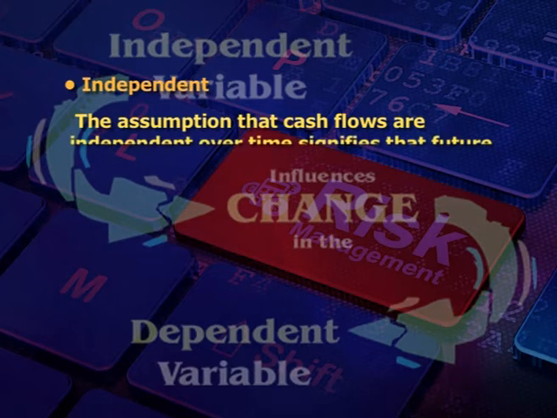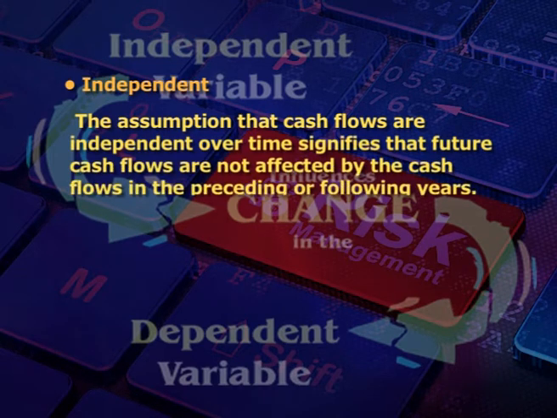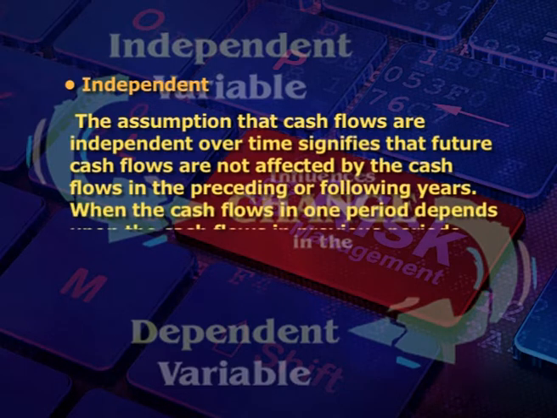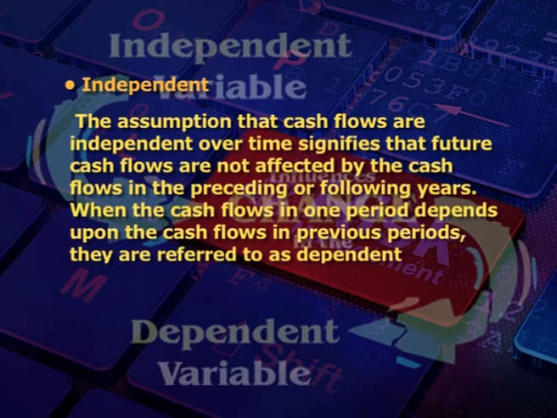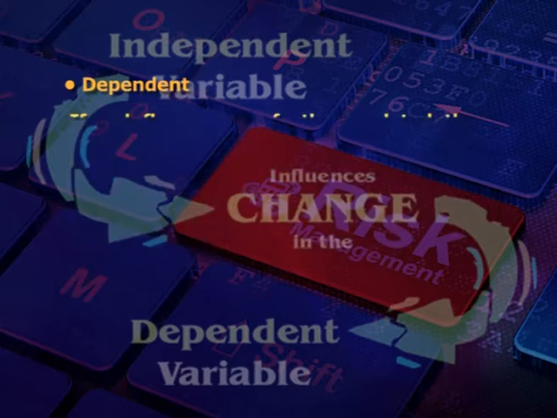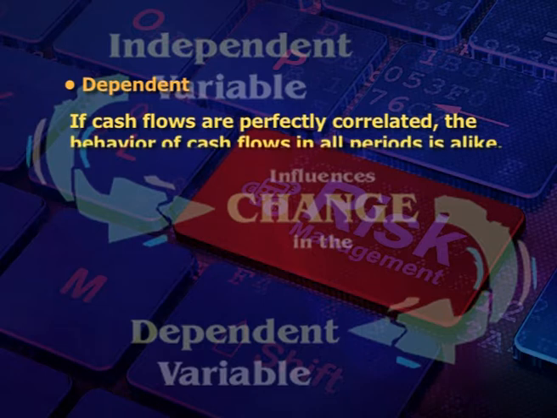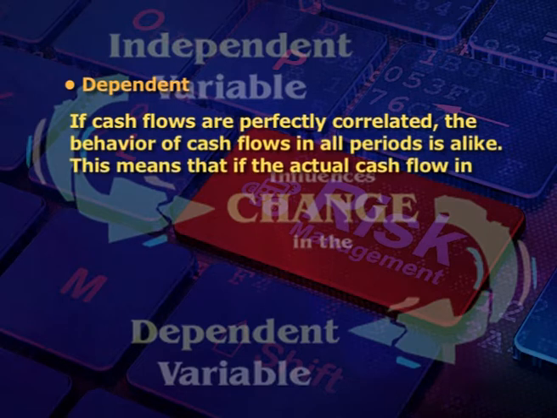A look now at the independent. The assumption that cash flows are independent over time signifies that future cash flows are not affected by the cash flows in the preceding or following years. When the cash flows in one period depend upon the cash flows in previous periods, they are referred to as dependent cash flows. On the other hand, for the dependent, if cash flows are perfectly correlated, the behavior of cash flows in all periods is alike.